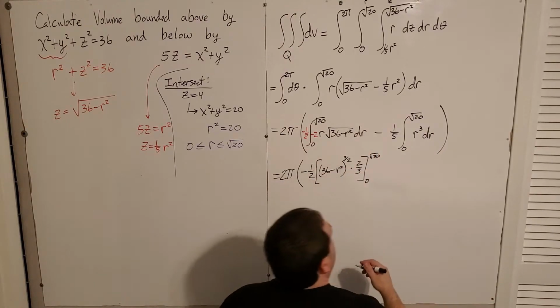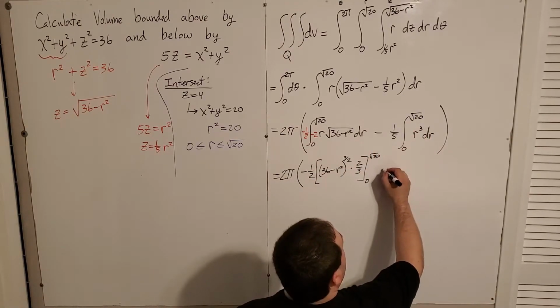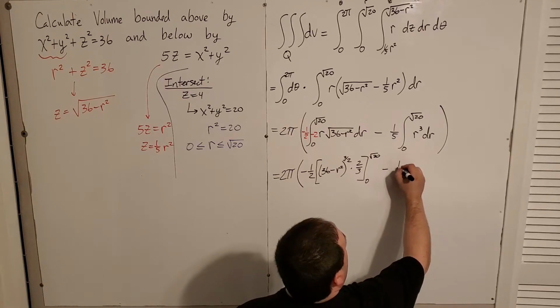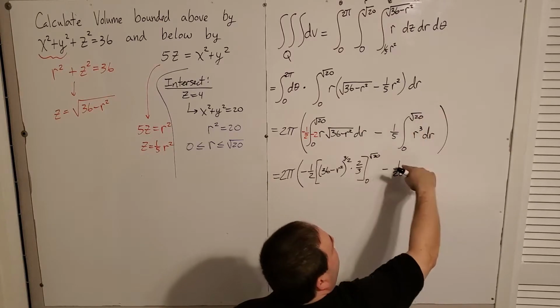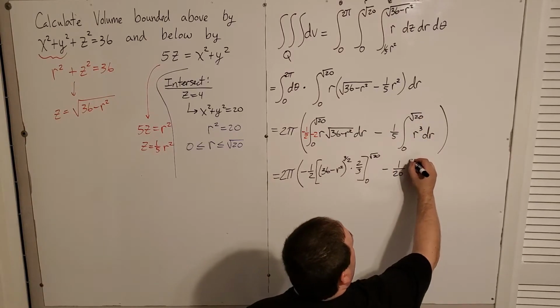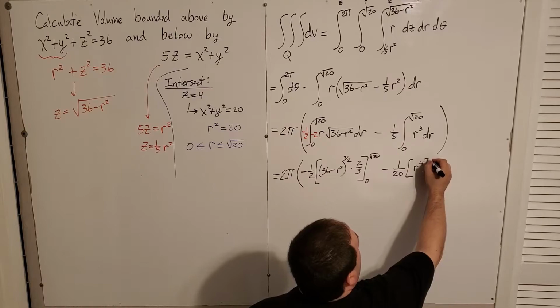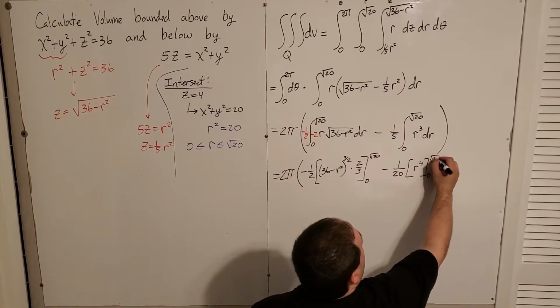Minus 1/20, because I'm going up to 4, divide by the new power, r to the 4 from 0 to square root of 20.